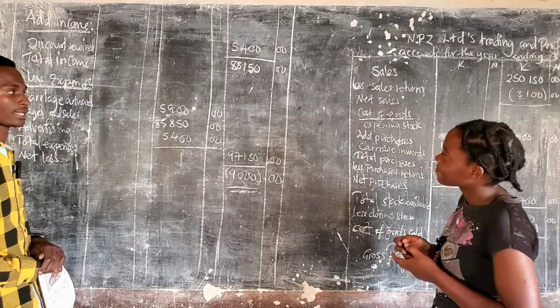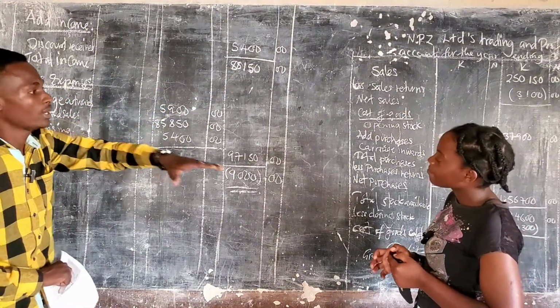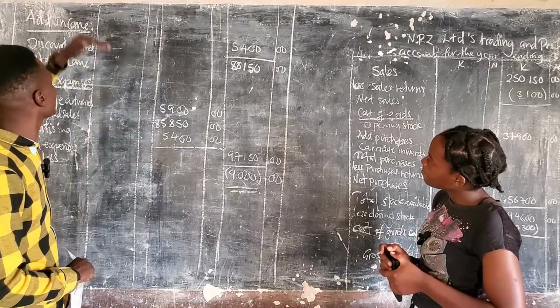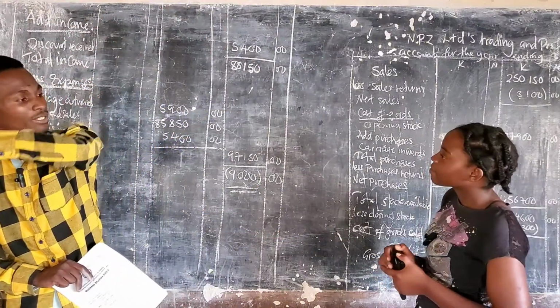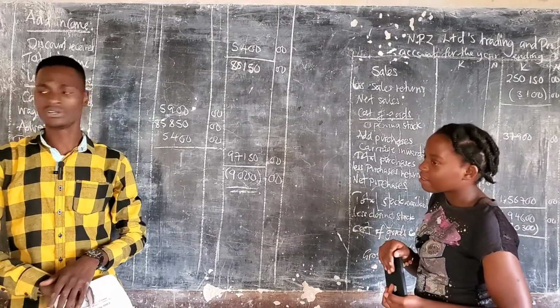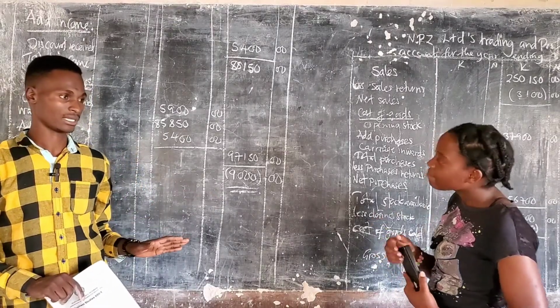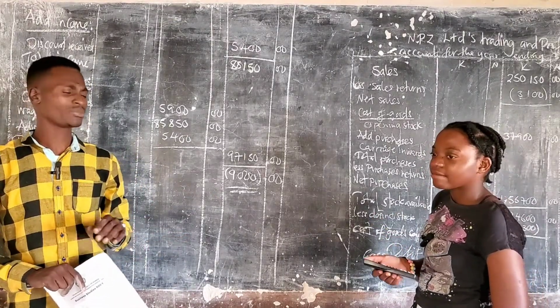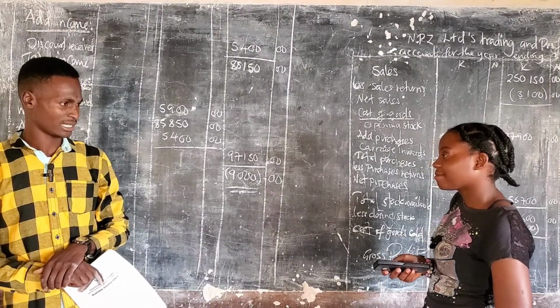Now, listen. If you didn't have income, then the gross profit will go to the balance sheet. But I've never seen such questions. And can you be in a business where you don't spend?